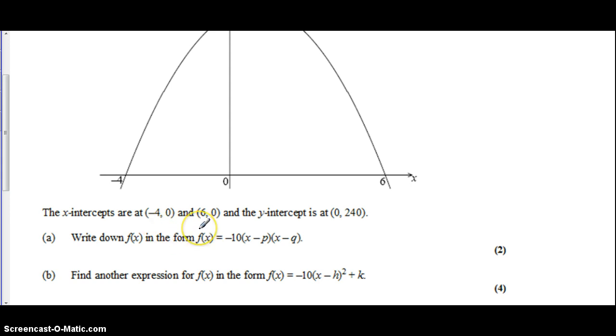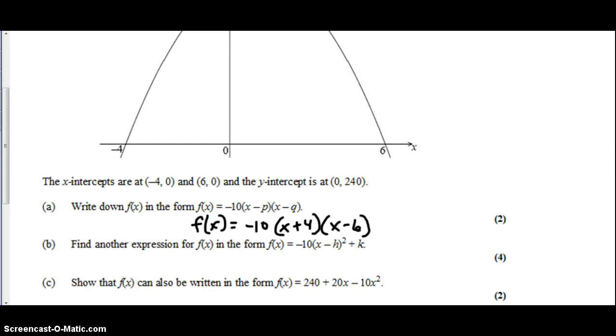So our p and q we can just plug in. So our f of x is equal to -10 times x plus 4, and x minus our q, so x minus 6. So that's our first problem, part A.